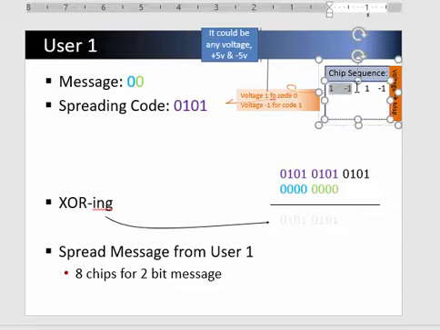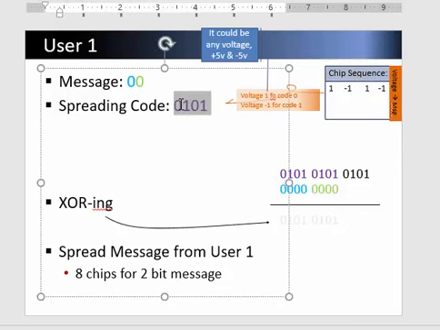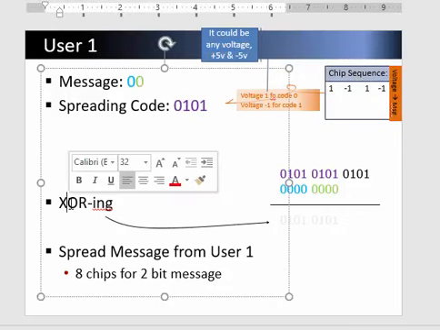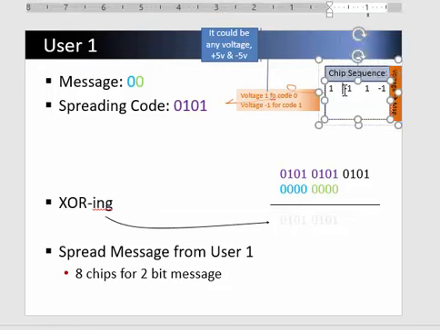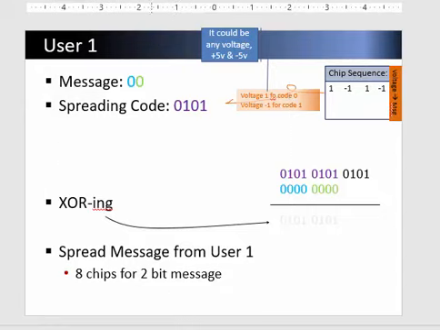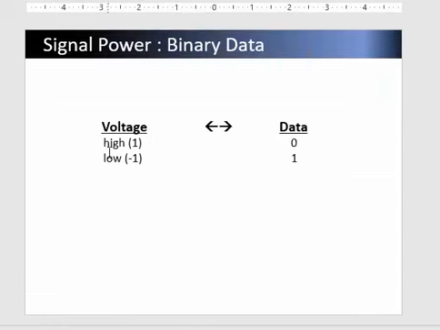Let's say high voltage is 1 and low voltage is minus 1, right? This high voltage and low voltage need to be converted to digital data, so that we can do exclusive OR. The next slide shows how we can convert.